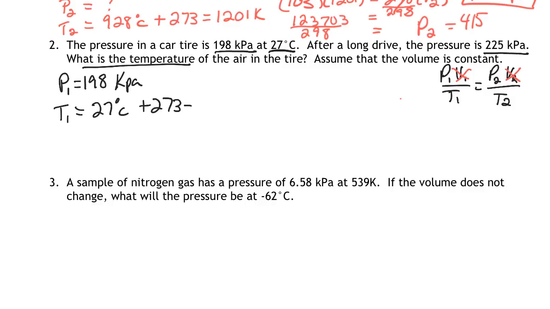So 300 Kelvin. Pressure 2 is 225 kilopascals. And I'm going to solve for temperature 2. I substitute these numbers in.